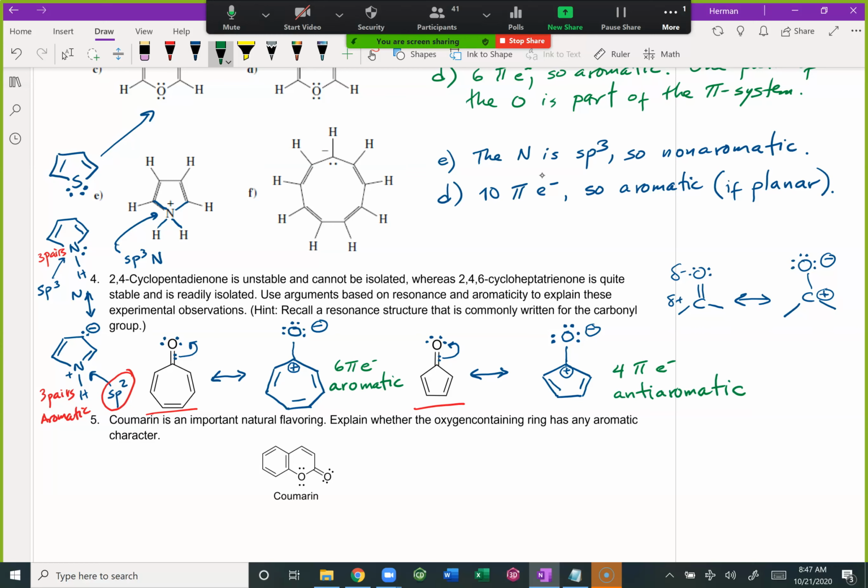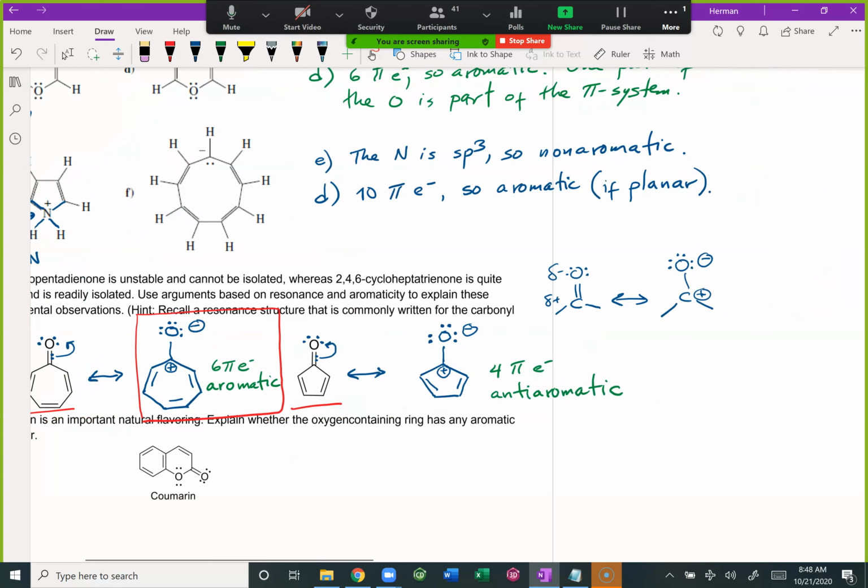And now you can say with confidence that this is the reason why this molecule right here, or the one on the left, this one, is stable, it's aromatic.